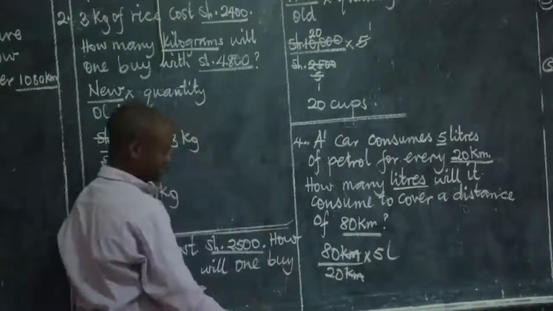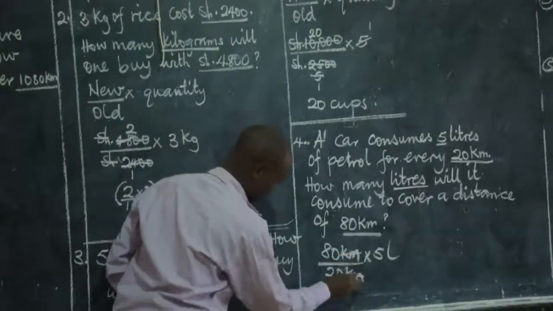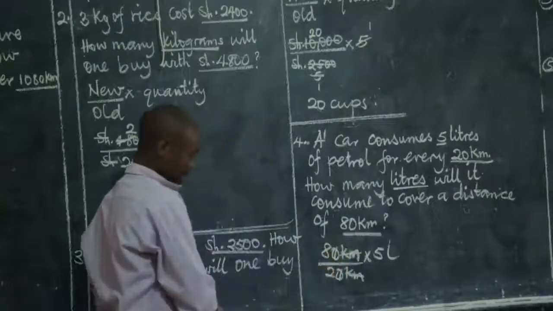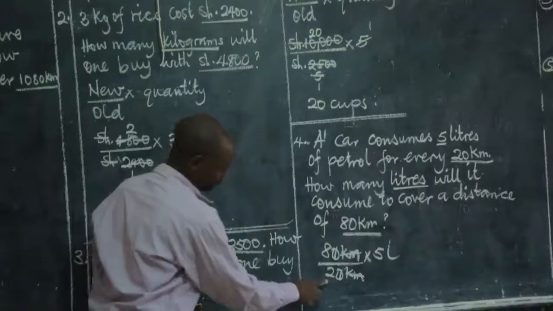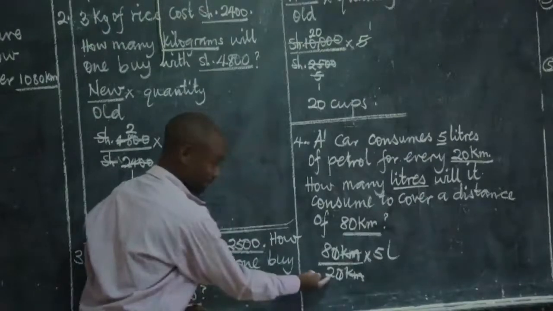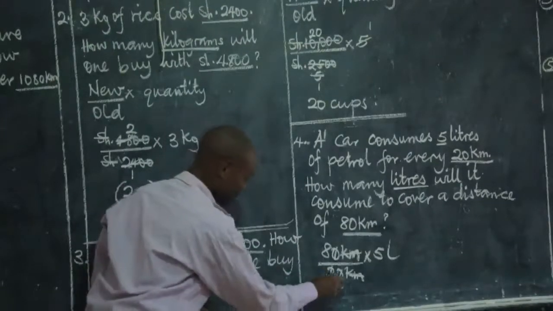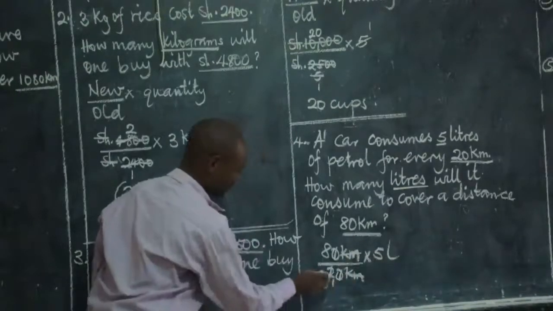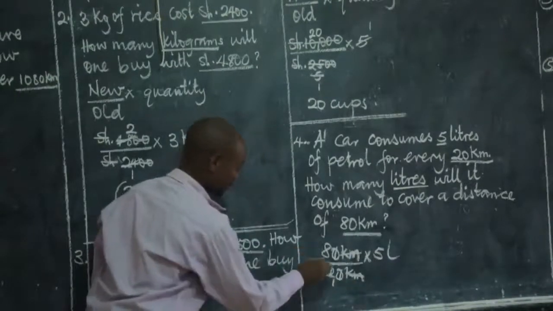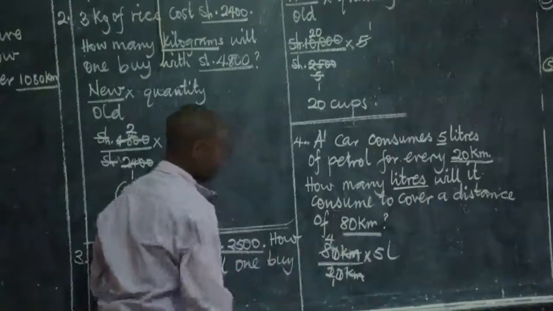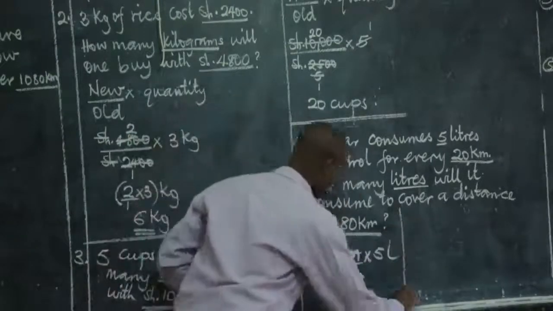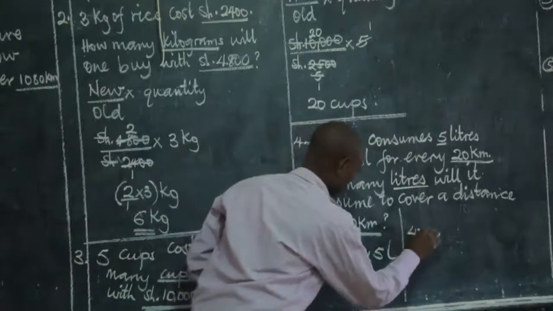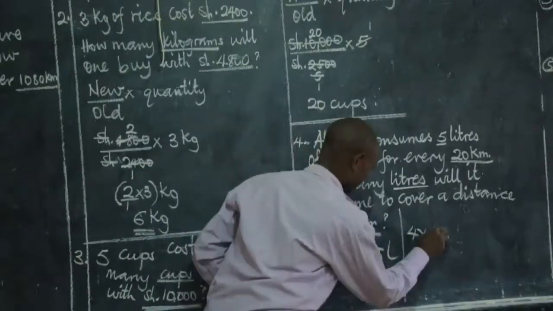So we can cancel kilometers with the kilometers. So it means I have no kilometers now. This 0 will go with that. I have 8 out of 2, then times 5. Now I can reduce by 2. Divide by 2, 1. Can I reduce it in 5? No, 5 is not a multiple of 2, so I go for 8. So divide by 2, we shall get 4. Therefore, we shall get 4 times 5.